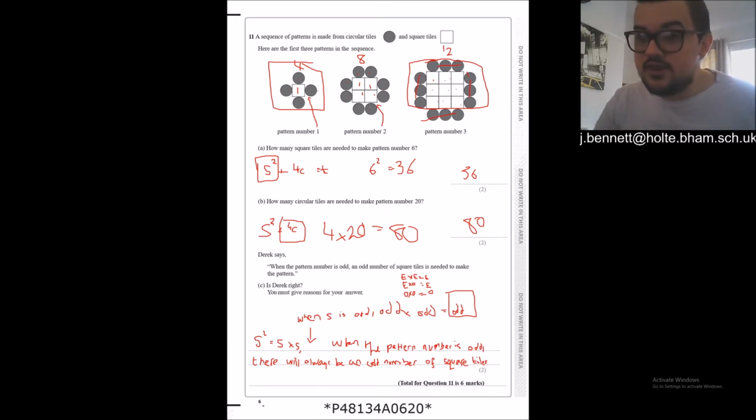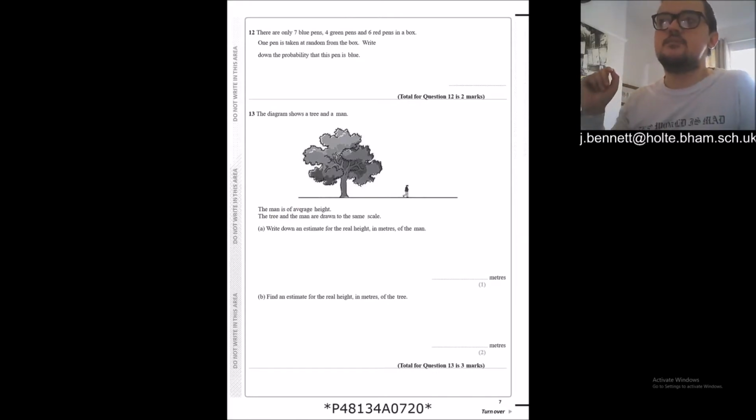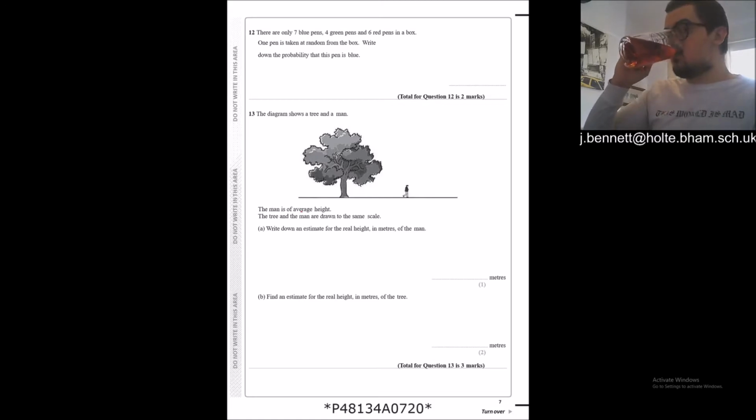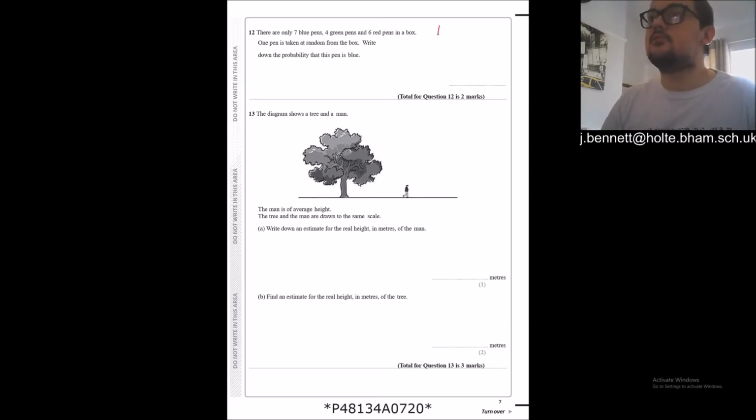So let's go to the next question. 12. There are only 7 blue pens, 4 green pens, and 6 red pens in a box. 1 pen is taken at random. Write down the probability that the pen is blue. Okay, so we're going to write the number of blue over the total.